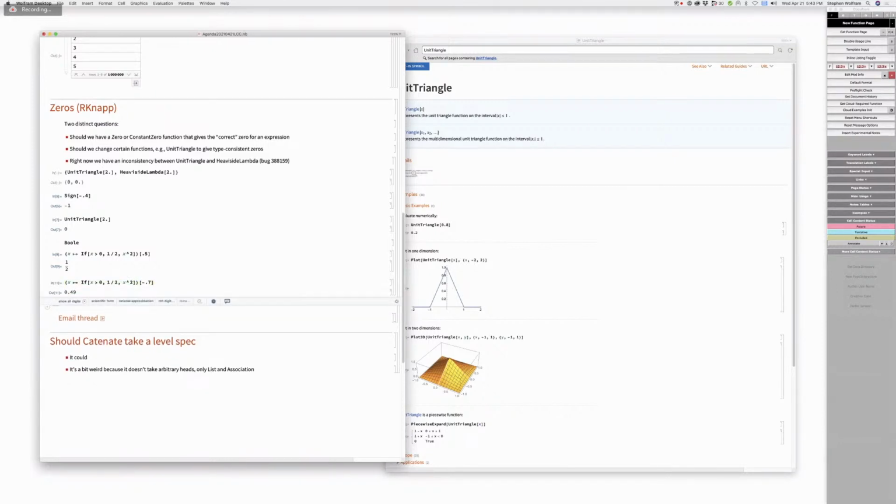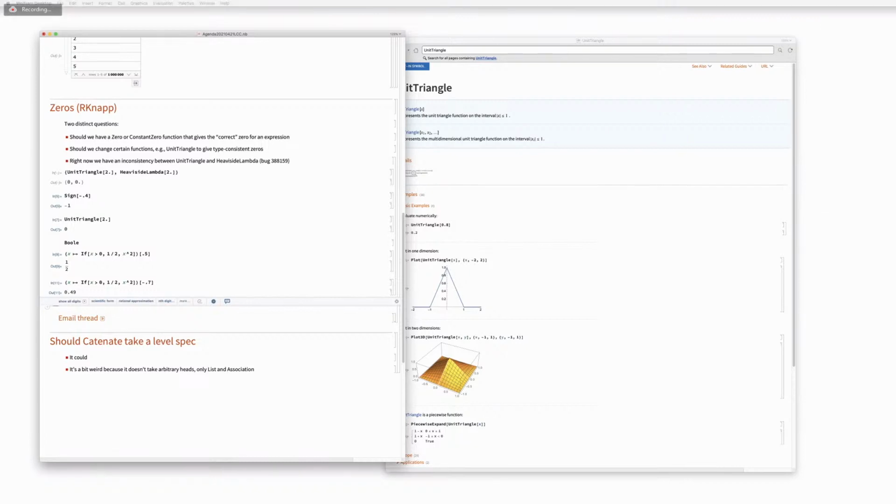It's inexact. Sure. Right, but right now there isn't a good way for a user to provide a default 0. Yeah, I think that's perfectly fine. I think the point is that if we have a function like unit triangle that could have floating point values everywhere reasonably, why shouldn't it?